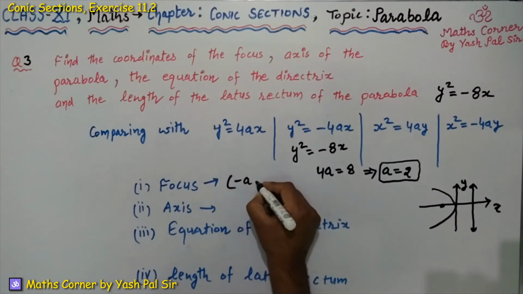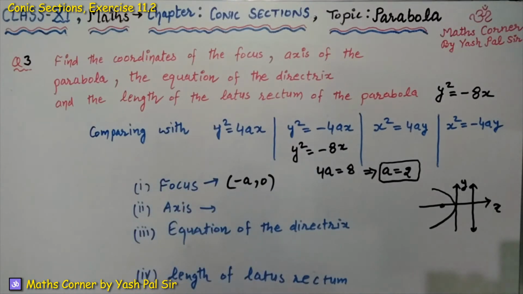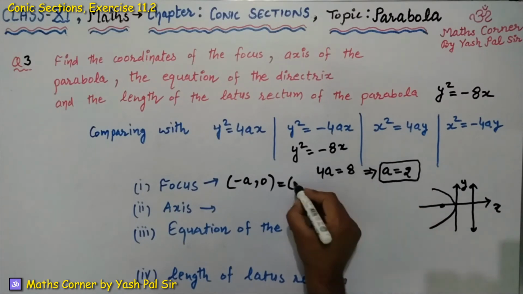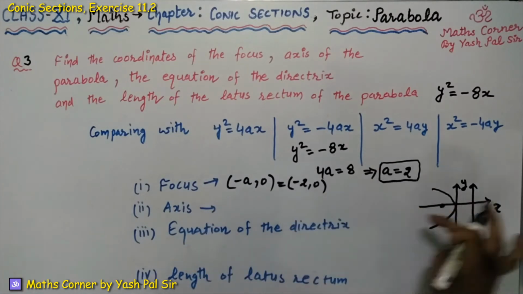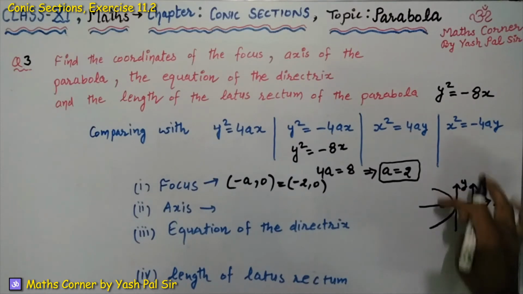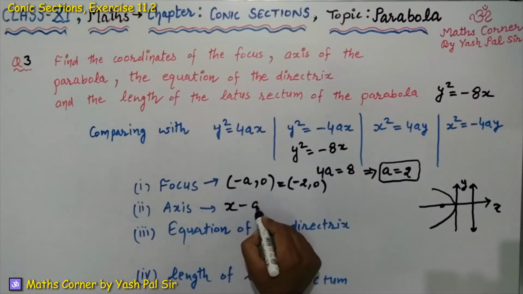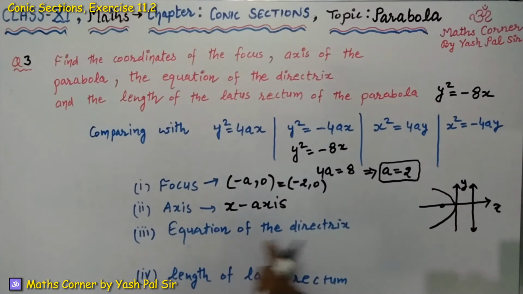In this left-handed parabola, the focus coordinates are minus a comma 0. From the table, if we recall that table, minus a comma 0. So here the focus becomes minus 2 comma 0. Axis, this parabola is symmetrical about the x-axis. So we write here x-axis as the answer.